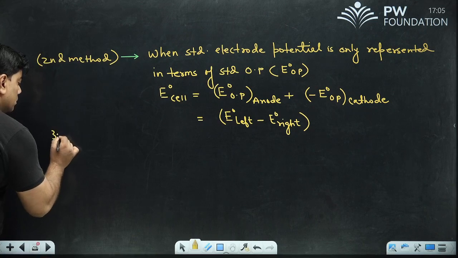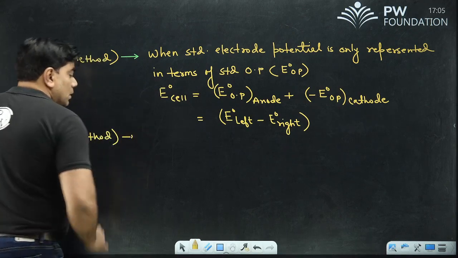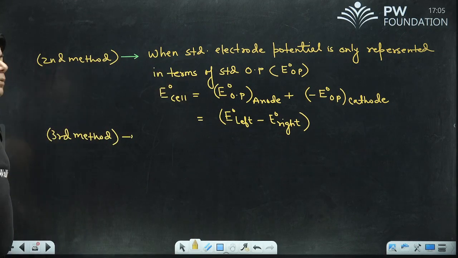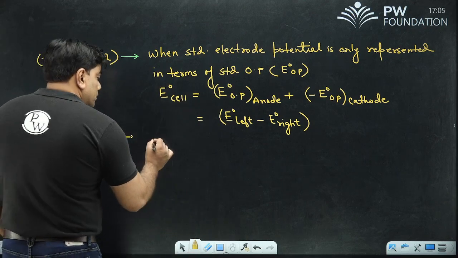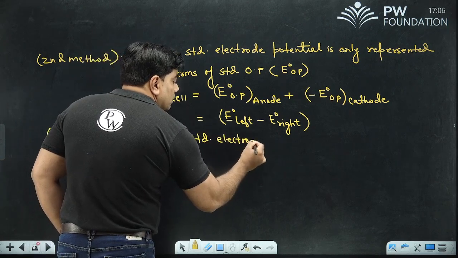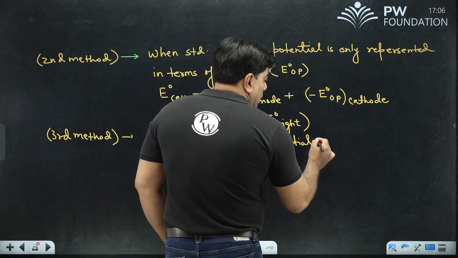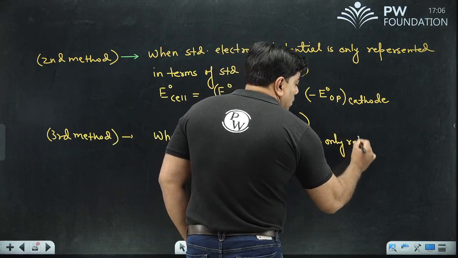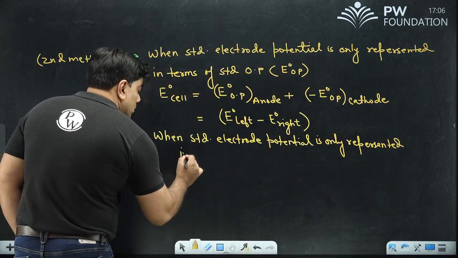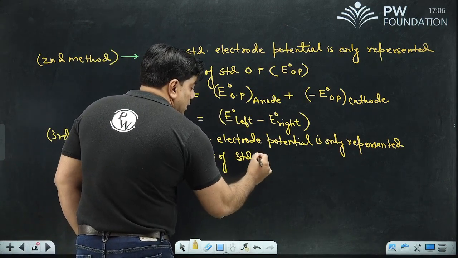Third method. When a standard electrode potential is only represented in terms of a standard reduction potential.